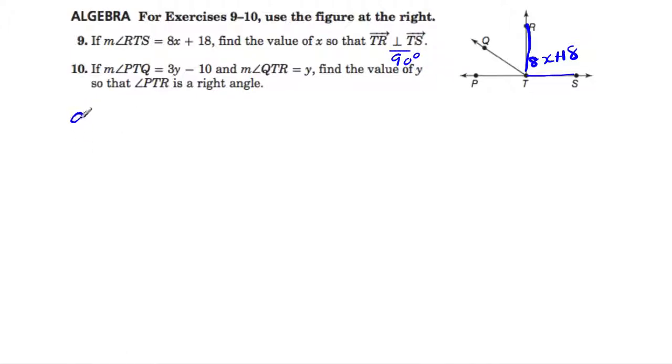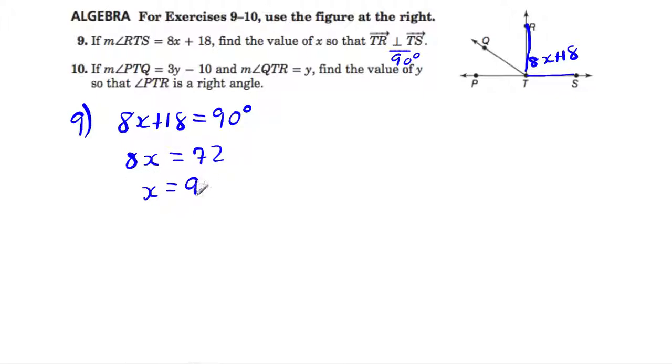So, for number 9, I'm going to have that 8x plus 18 must equal 90 degrees, and I solve for x. I can subtract the 18 from both sides, and that's going to leave me with 72. And then I can divide by 8 on both sides, so I get that x is equal to 9.